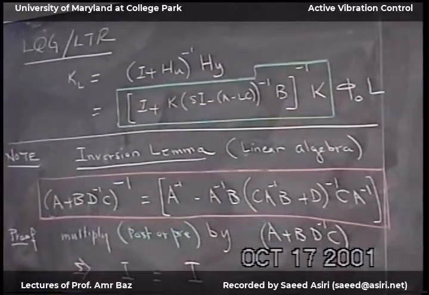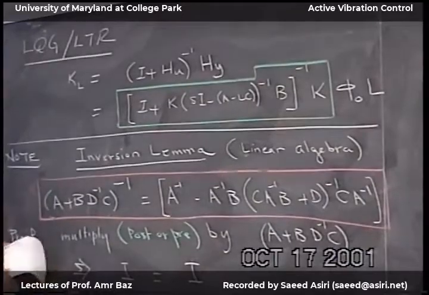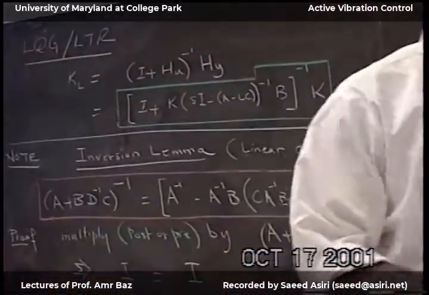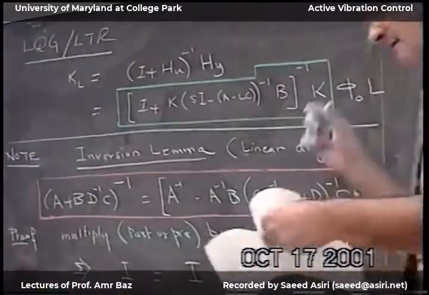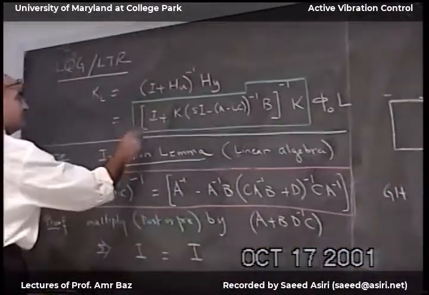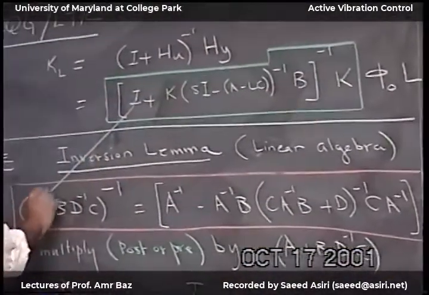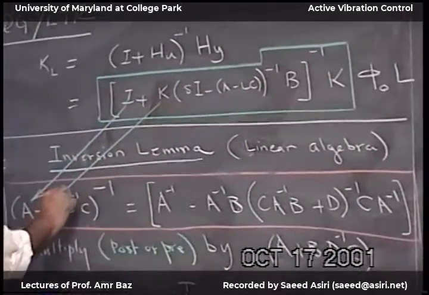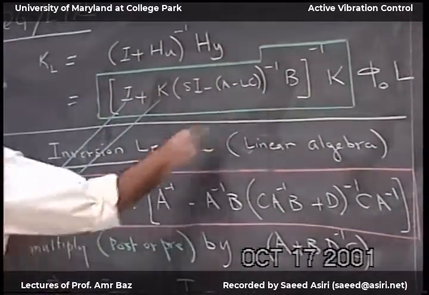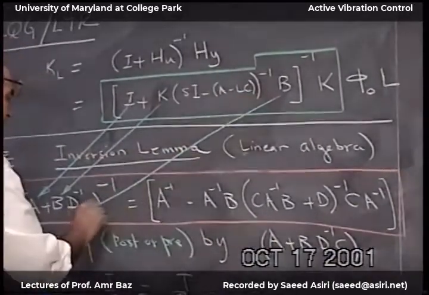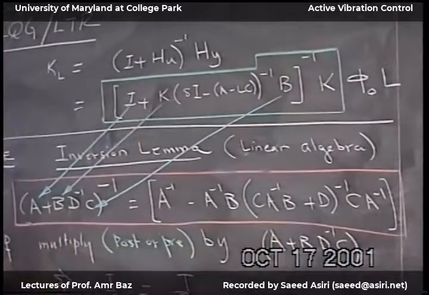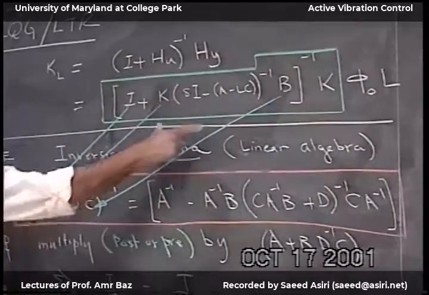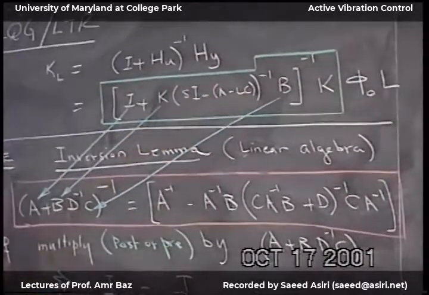So we're gonna use this here. We're gonna make the A is my I, and the K is my B, and the B is my C, and then D inverse is this D inverse.